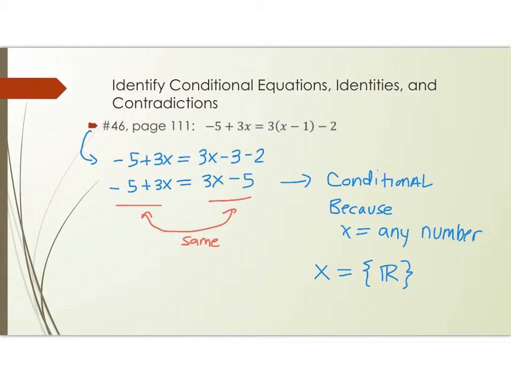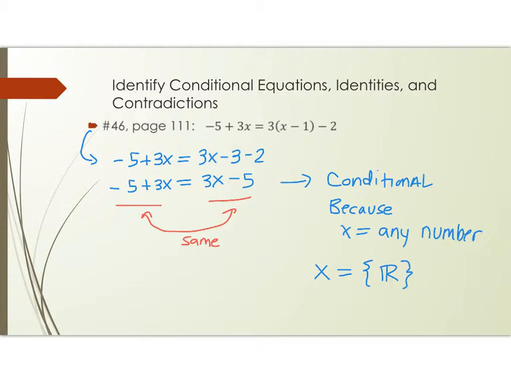Also in this chapter we're going to learn the difference between conditional equations, identities, and contradictions. If the two sides of the equation don't match up, we have what's called a contradiction.